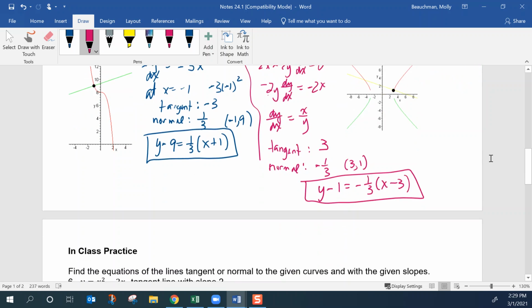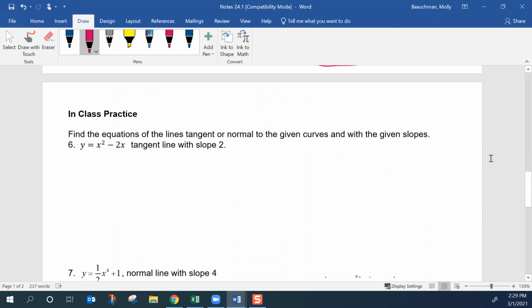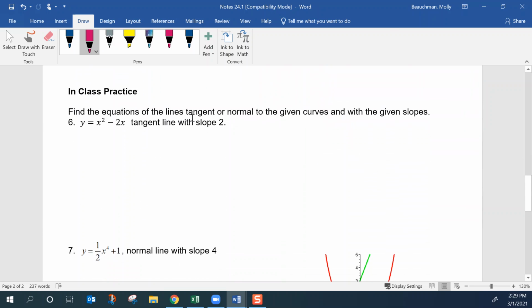All right, a few more examples, some in-class practice. Find the equations of the lines tangent or normal to the given curves with the given slopes. So now we're given the function y equals x squared minus 2x, and the tangent line has slope 2. To find the equation, what we're missing is the point.